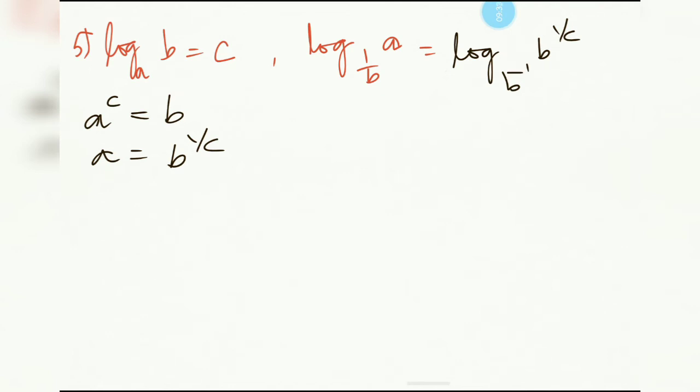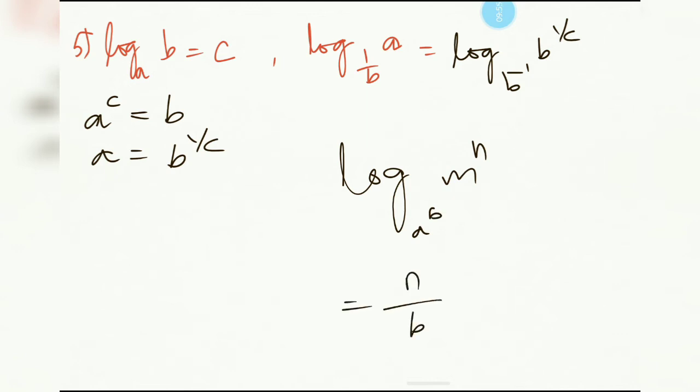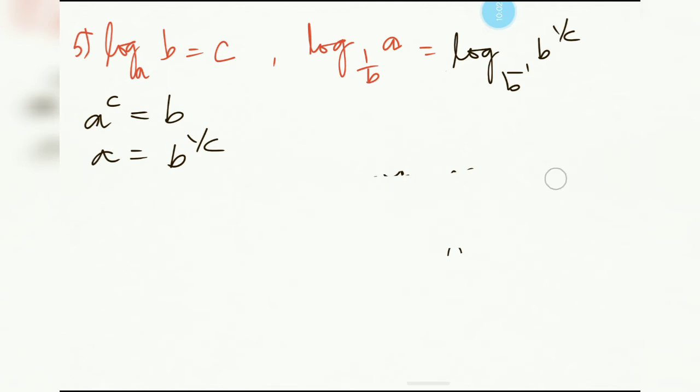Now these are the powers, right? So for this number it will go forward, and this will be the new denominator. We all know these laws. If you want, I'll write the law: log m power n to the base a power b is nothing but n by b log m to the base a. Using this identity, we write 1 by c in front.